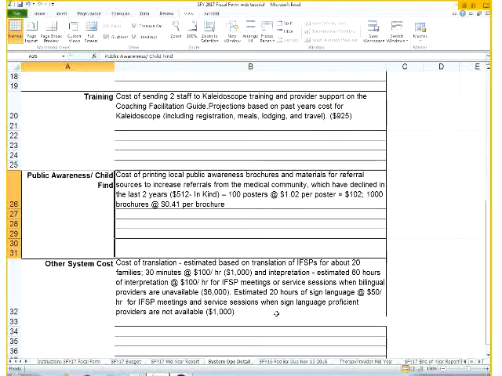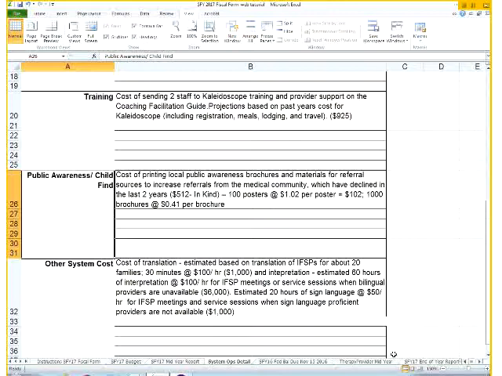The more detail you provide under systems operations, the clearer the picture you paint of the cost of providing services under your local lead agency. Once again, as we mentioned before, we need to be able to look at the system operations allocations on your budget and then come over to these categories and have an understanding and a picture of where those funds are going and what costs they're covering.